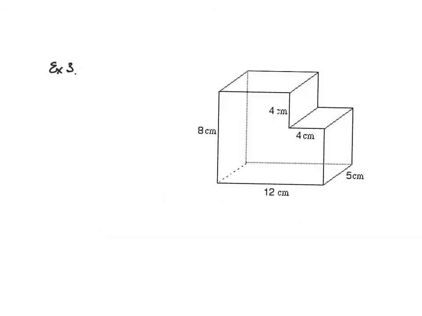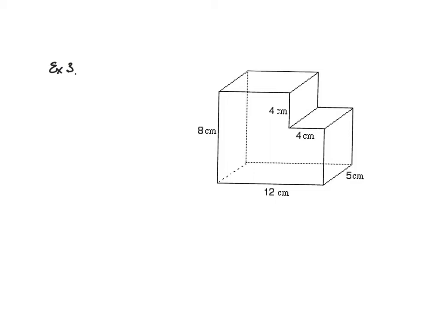Example 3 and final example. This one's a wee bit tricky. What we have here is a composite shape. This shape is made up of two cuboids joined together, and we want to work out the surface area of the shape. So we're going to have to be very careful here because we have a piece cut out. What I'm going to do first of all is to work out all the missing dimensions.